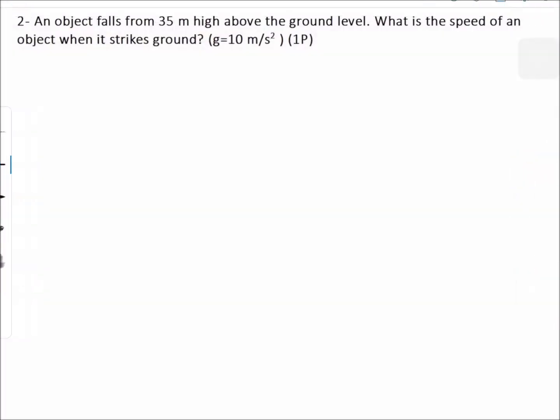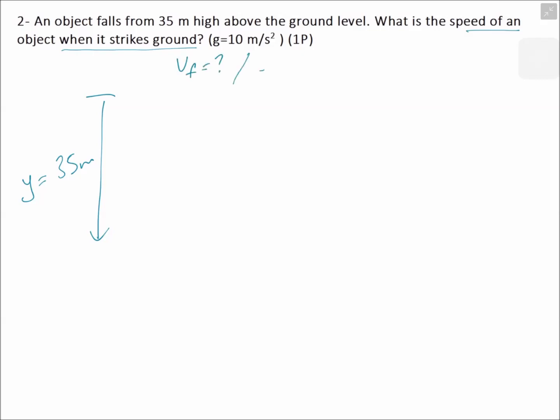Second question, it says an object falls down 35 meters, that means this is the y. And what is the speed of the object when it strikes the ground? That means it's asking what is v final. It's falling down, g we will take as 10, and y equals 35, and v initial is 0.